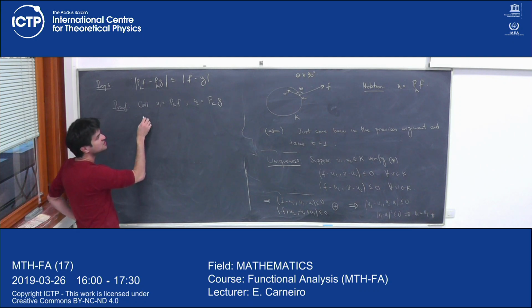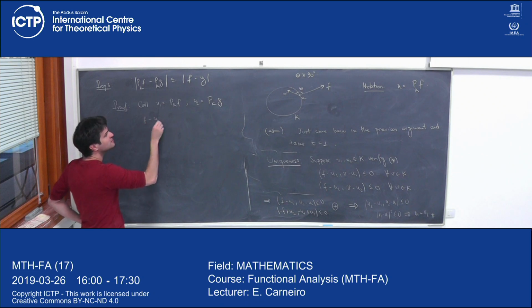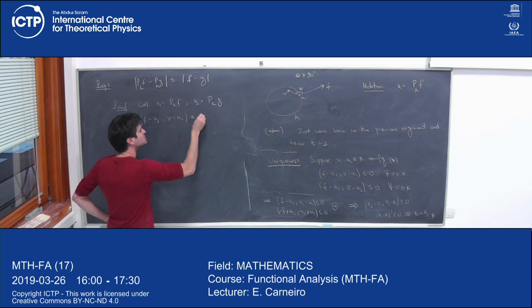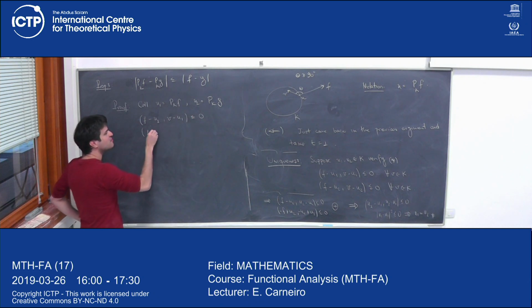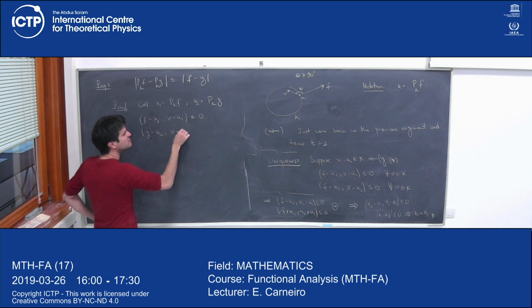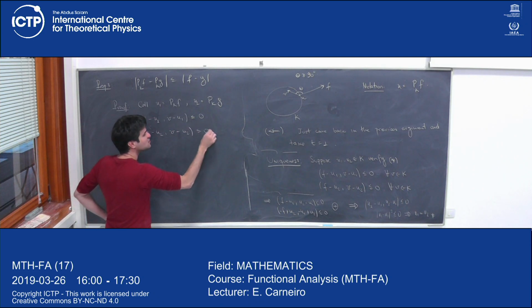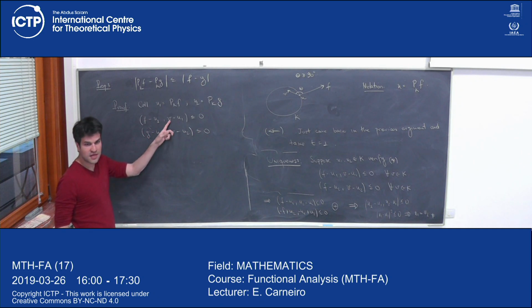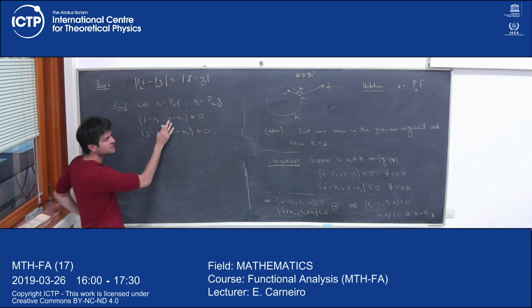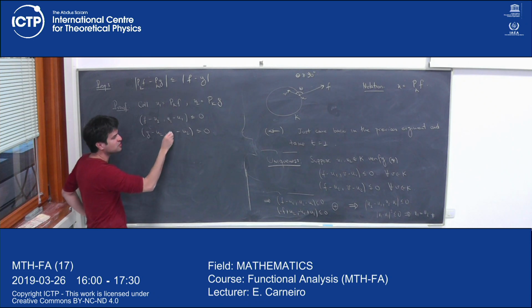So by the previous proposition, we know that (f - u1, v - u1) is less than or equal to 0, and (g - u2, v - u2) is less than or equal to 0. This is for any v in the set. You again choose this v special to be u2, and you choose this v here special to be u1.